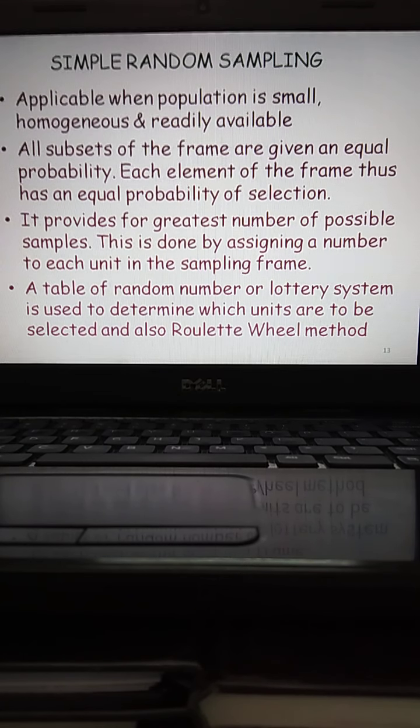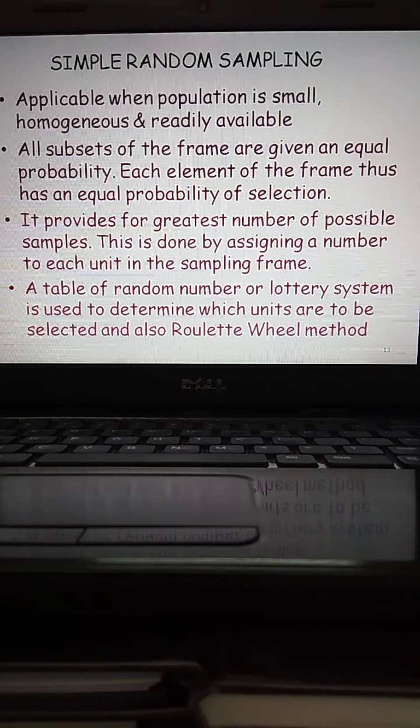Here also, all the population units will be numbered. All those numbers will be written on papers of equal quality. Because if any deviation is there in terms of quality, size or color, it leads to bias.